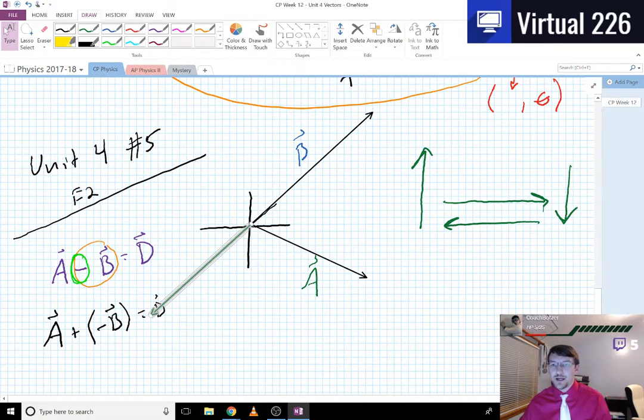That looks pretty good on my end. Vector B there is pointing in the opposite direction, so this is technically the vector negative B. They're technically the exact same length.